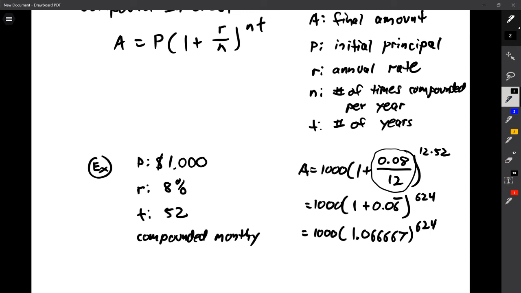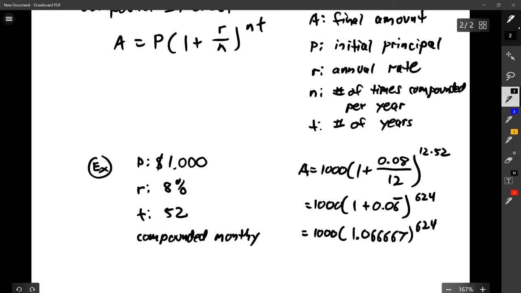0.08 divided by 12 would not give me 0.06. 0.06 is way too big. I'm missing a 0. This is why you don't just blindly punch stuff into your calculator without thinking about what you're doing. So this should be 0.006.